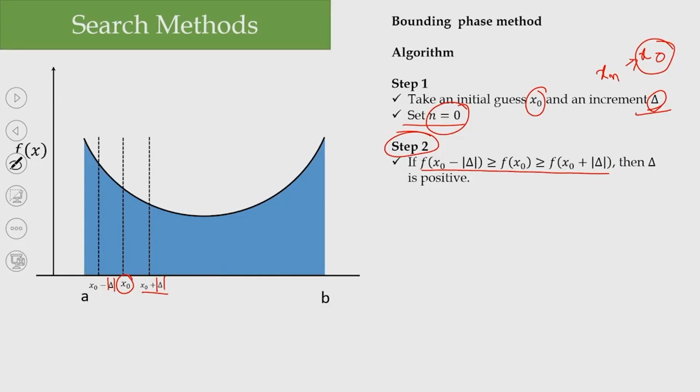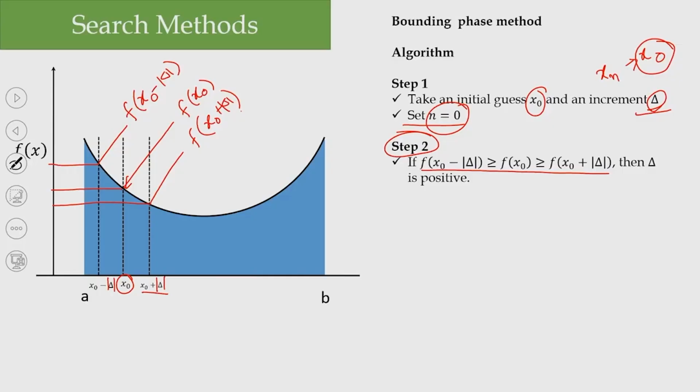That is the particular condition. You can see this is the value of f of x naught minus delta, this is the value of f of x naught, and this is the value of f of x naught plus absolute value of delta. I can find these values from the y axis.